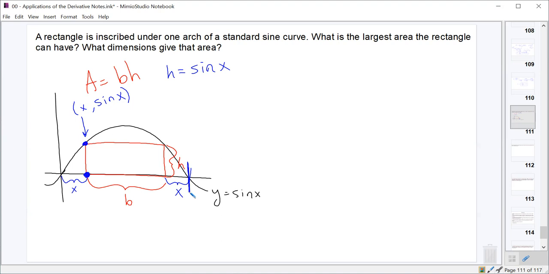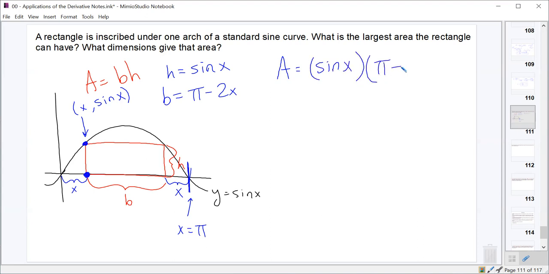And we know that this value right here must be x equals pi, because the sine of pi is equal to 0. So our value for b must end up being the full length, which is pi, minus 2 times x, telling us that the area of this rectangle in generic terms is sine x times pi minus 2x.